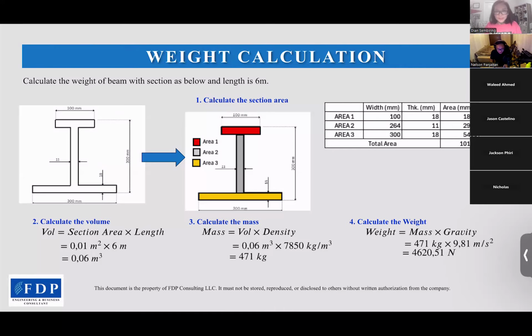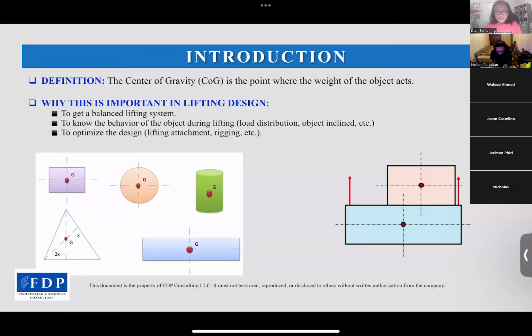We continue with the COG calculation. Definition: the center of gravity is the point where the weight of the object acts. Why is this important? First, to get a balanced lifting system. Second, to know the behavior of the object during lifting, for example the load distribution and the object incline. And the third one is to optimize the design.